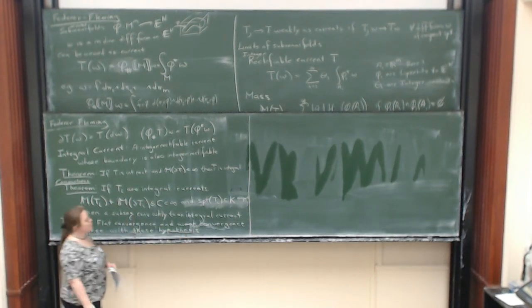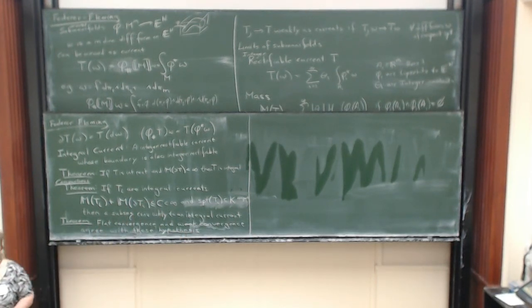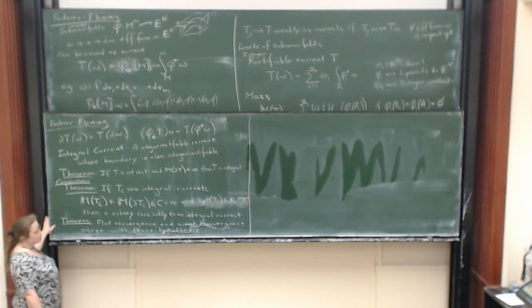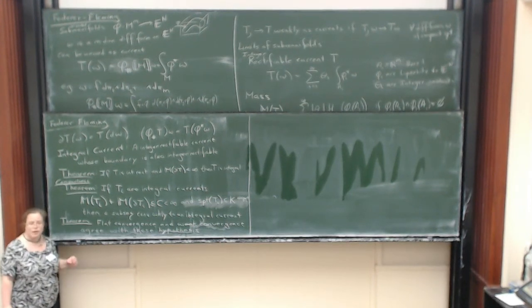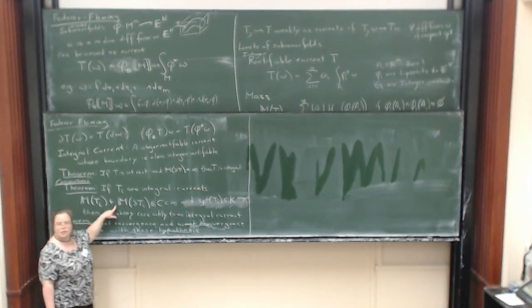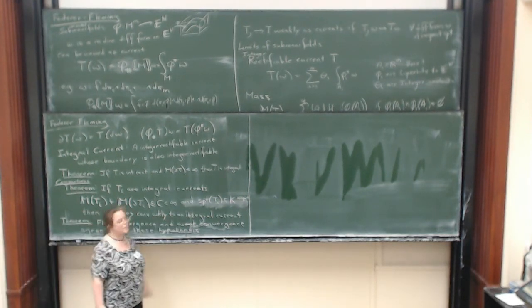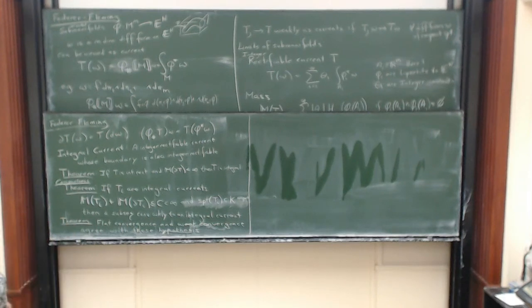So just bear with me that I'm actually not going to talk about flat convergence at all today. So I'm really focusing on the currents and the weak convergence today. But I'm just making sure to have this theorem stated to you, that at least in the Euclidean case, the two notions are known to agree. Flat and weak convergence agree when you have the bounds on the mass and the restricted compact set. Okay. All right, so that's Federer and Fleming.